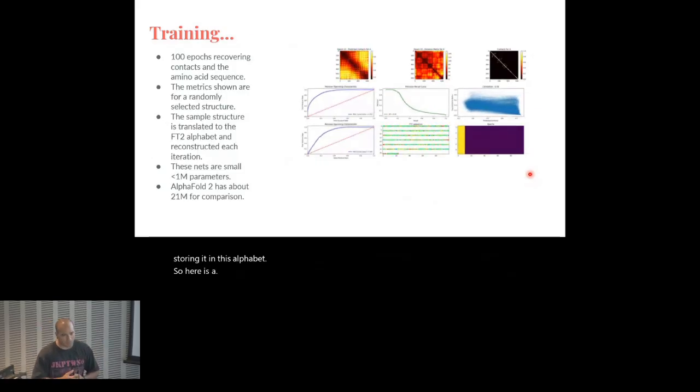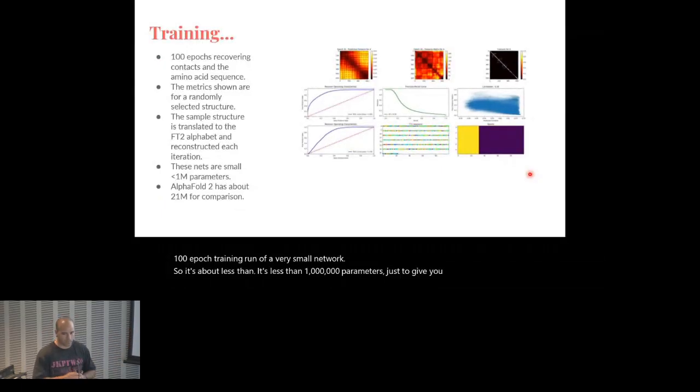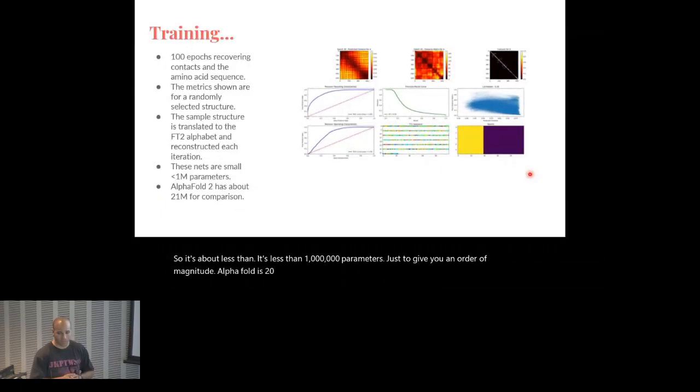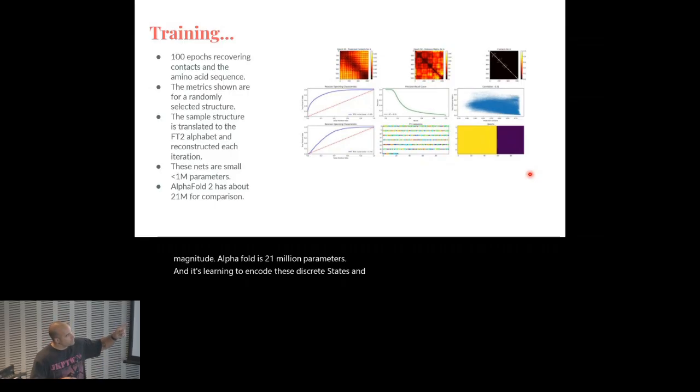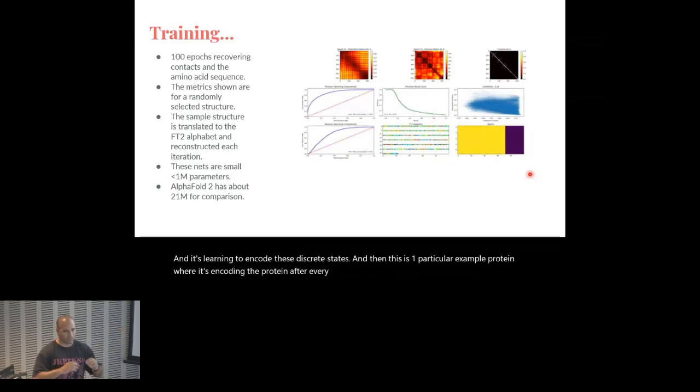So here is a 100 epoch training run of a very small network. It's less than a million parameters. Just to give you an order of magnitude, AlphaFold is 21 million parameters. And it's learning to encode these discrete states. And then this is one particular example protein where it's encoding the protein after every epoch. So it's trying to make this protein in this alphabet, in this sequence of characters.